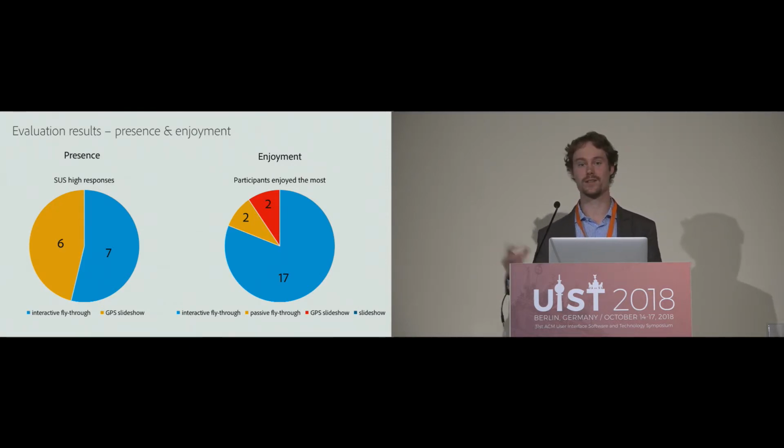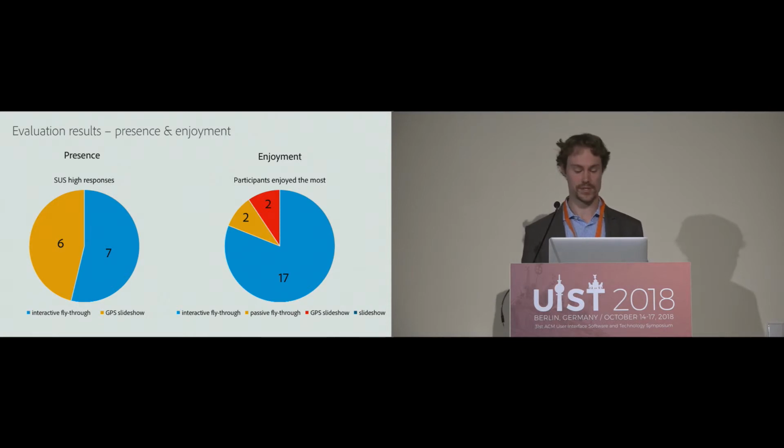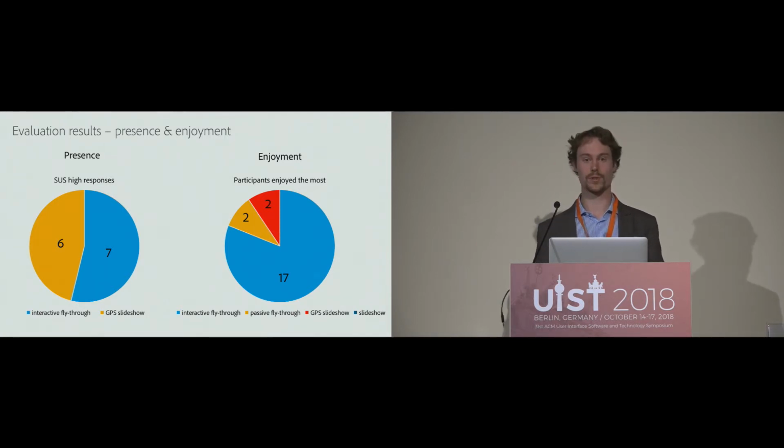So in case we had a better model, like probably Google Earth or something like that, the result should be quite different. Also, with respect to the enjoyment, the users really liked our approach and enjoyed the VR presentation a lot compared to the other modes.